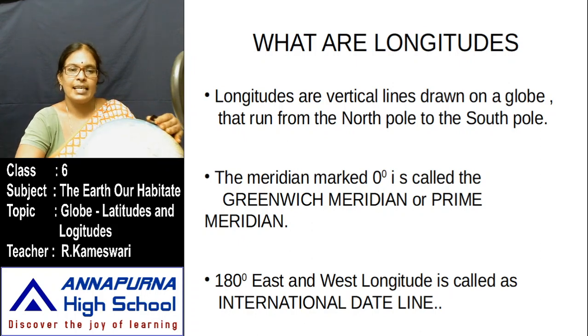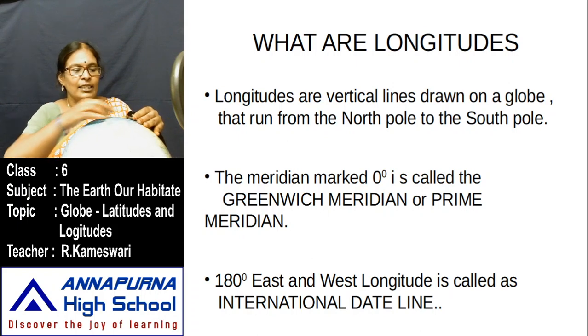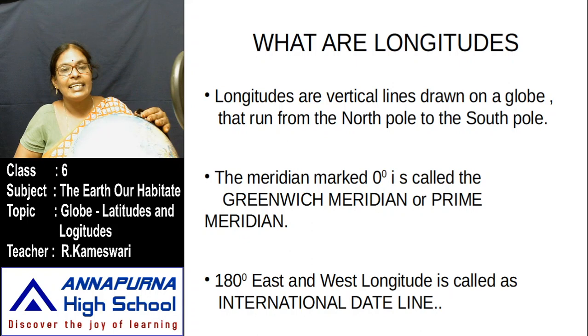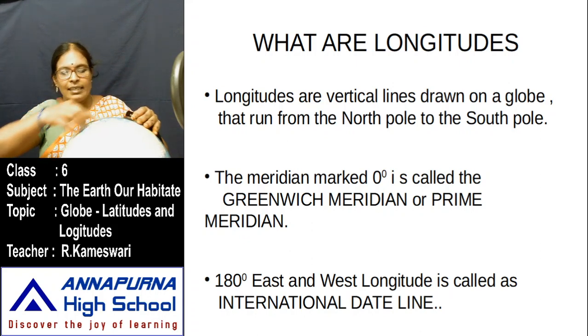Next is the meridian marked 0 degrees, which is called the Greenwich meridian or prime meridian. The 0 degrees longitude is known as the Greenwich meridian. Here, this is the Greenwich meridian.